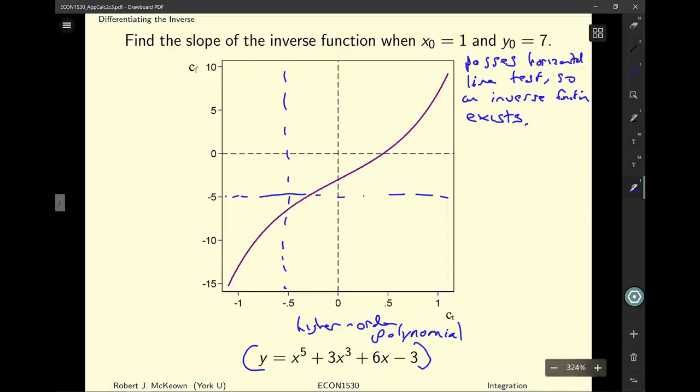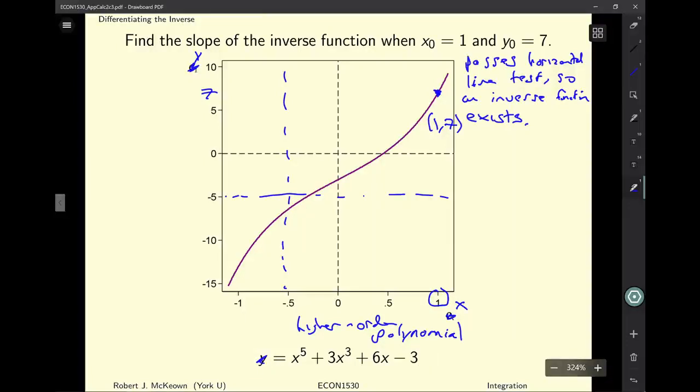Now, what point are we interested in? Well, we're interested in x equals 1, and maybe I'll just replace that with a c. We're interested in 1, 7. So we're interested in this point here, 1, 7. And we would like to know what the slope of the inverse function is that corresponds to this point.